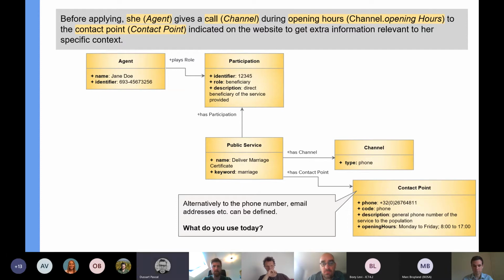No, there's also chat bots now, and yep. And is this to ask information about the public service, because it also seems related to the channel. I personally wouldn't go too much into constraining.